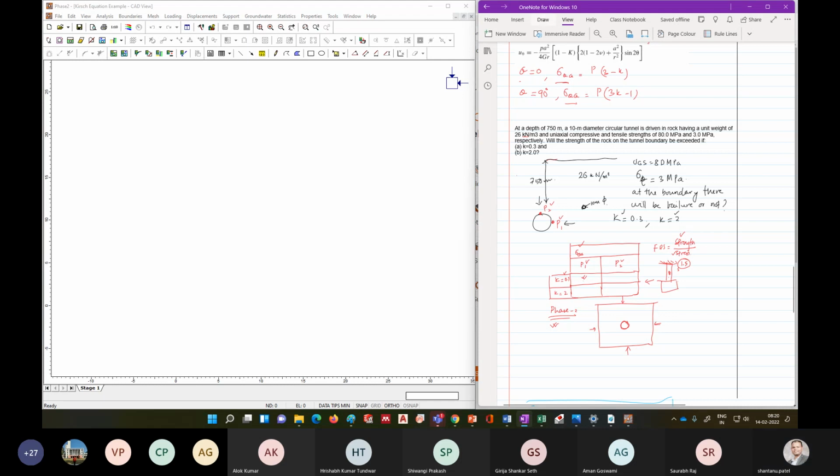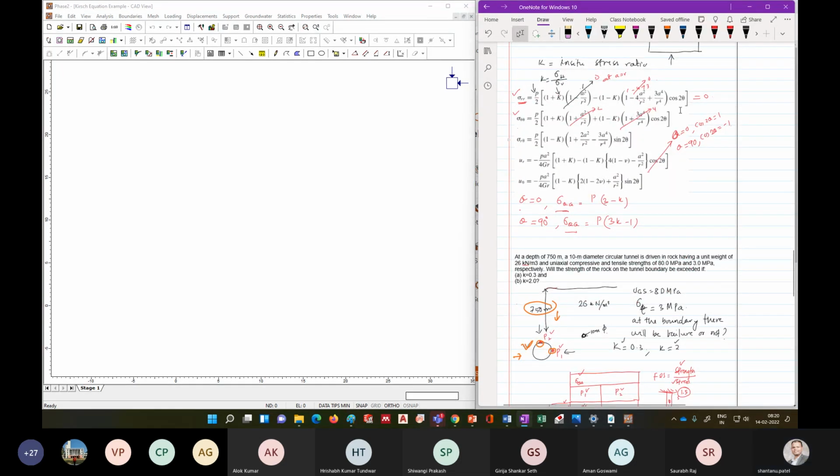We have this tunnel at a depth of 750 meter, and last class we discussed that the most critical locations, where the principal stresses are vertical and horizontal, are at this point and this point. You can find this using the Kirsch equation.